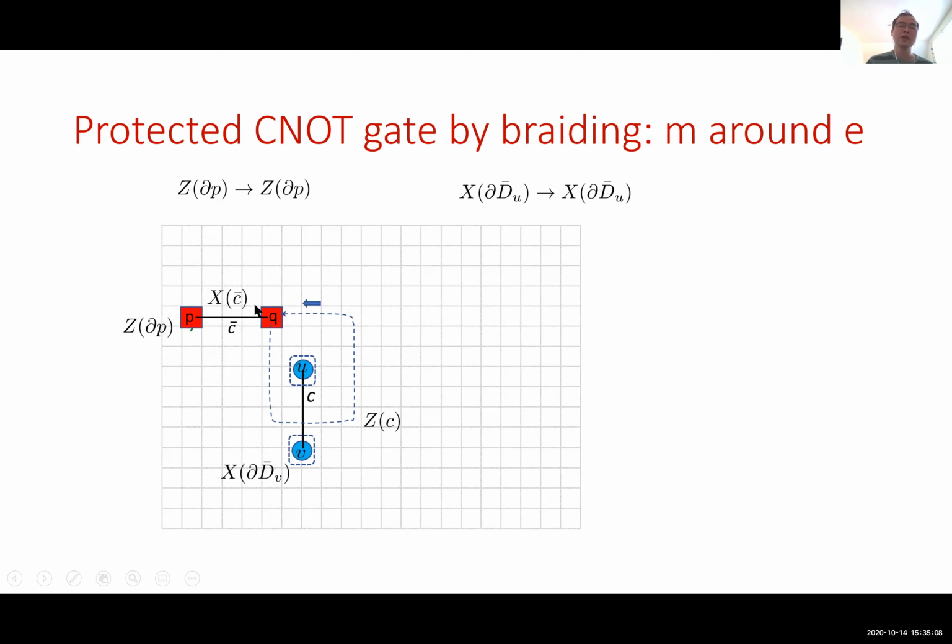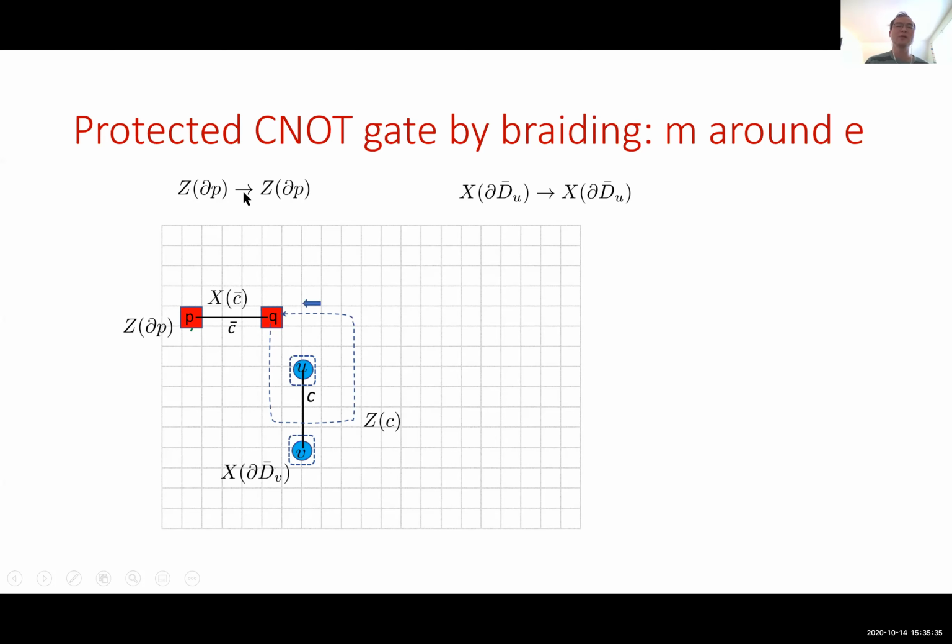Okay, so we can ask, what does the braiding do? How does it affect the logical operator? First, does this braiding affect the Z operator? Because for the Z operator, you have two equivalent ones. One is here, one is there. It's easy to just focus on this one. This does not change, right? I braid around, I have nothing to do with it. So this logical Z remains the same.